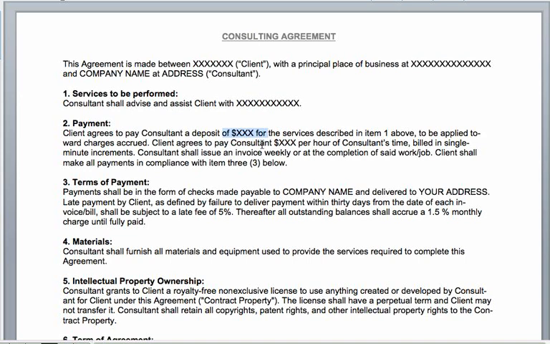You also can specify here how much you're to be paid per hour. You can charge a flat fee for a particular project or task, but if you're going to take that approach, you better be able to define very clearly and precisely what the parameters of that service is going to be. Because if it cannot be clearly defined and limited, then you could be getting yourself into a lot of trouble.